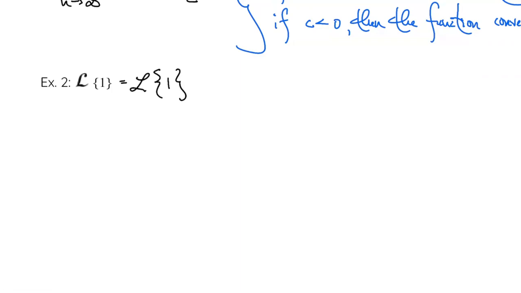We're going to find out what this equals, but we're going to use the formal definition. So from above, we know that the Laplace transform means that we're going to take the integral from 0 to infinity of e to the negative st times your f of t. And in this case, f of t is just 1.